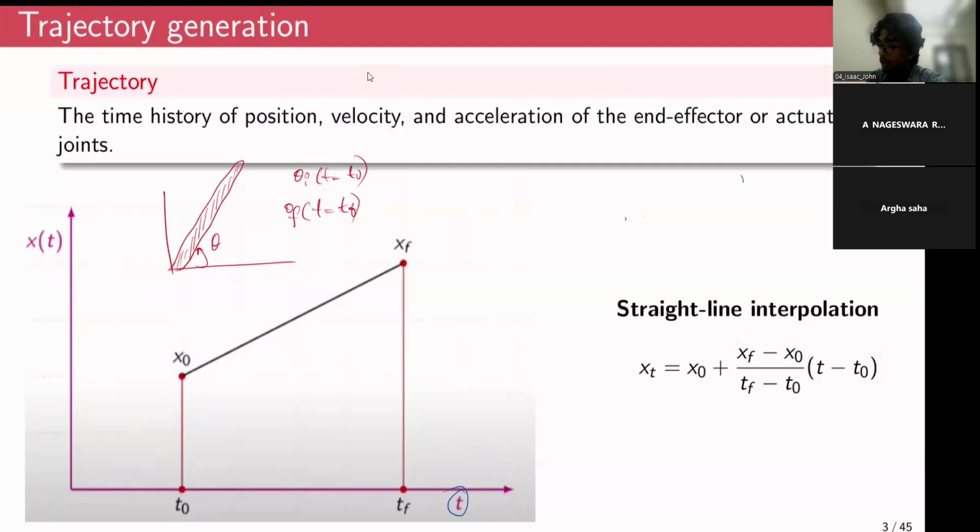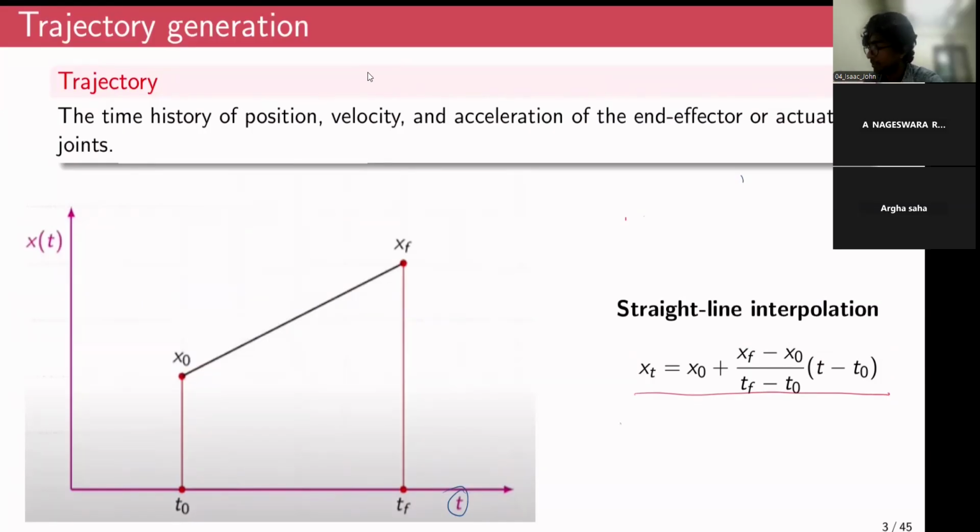But then let's have a look at the velocities and accelerations for a straight line trajectory. Here, the position itself is a linear equation in time, right? It's proportional to the time. So if you take the derivative of this position, x dot of t would look something like (xf minus x0) by (tf minus t0).